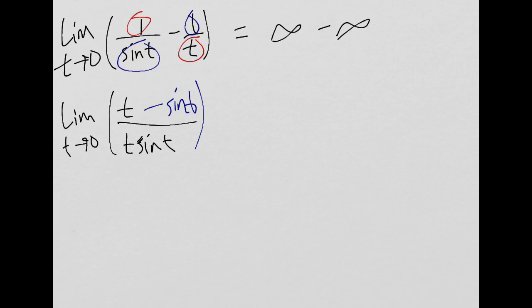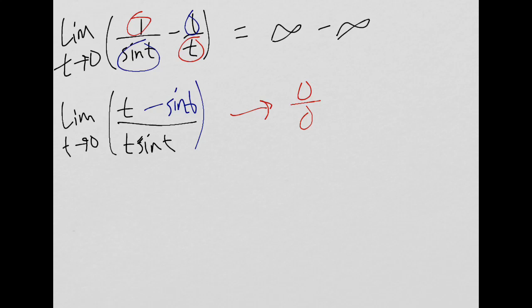Now I try to plug in 0 for t, which gives me 0 minus sine of 0, which is 0 again. So I get 0 over 0 times 0, so 0 over 0 again. Boom, now I can use L'Hopital's rule with it in this form.